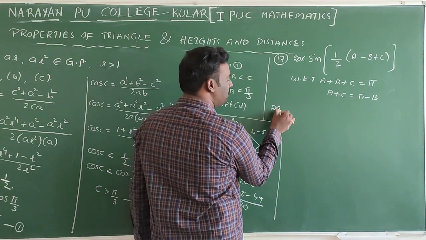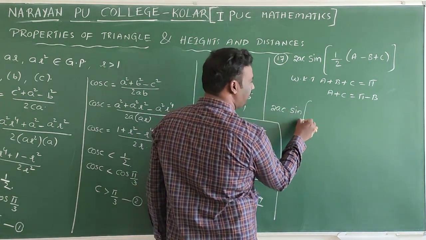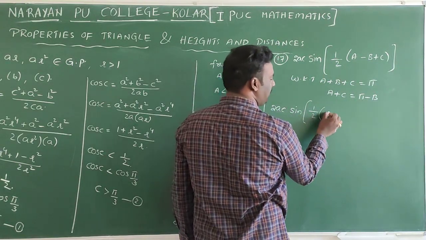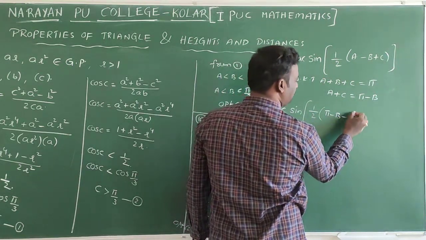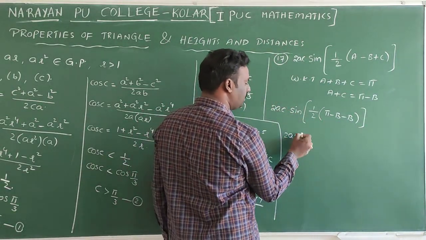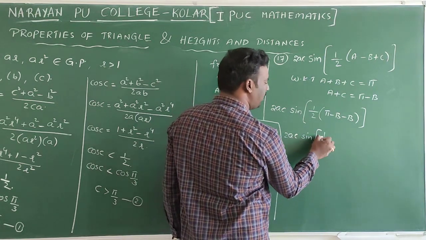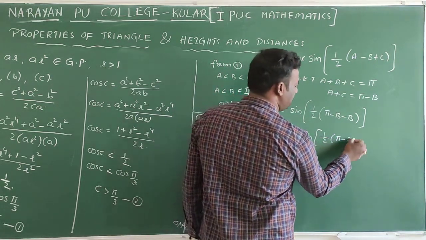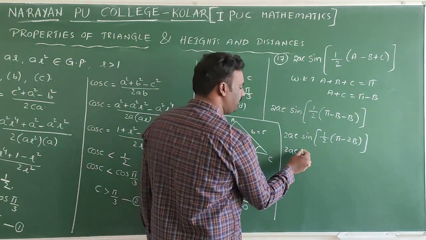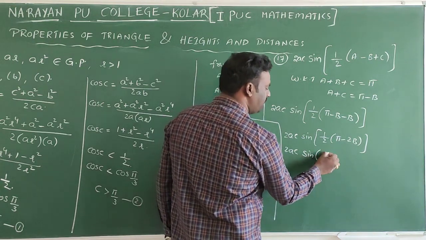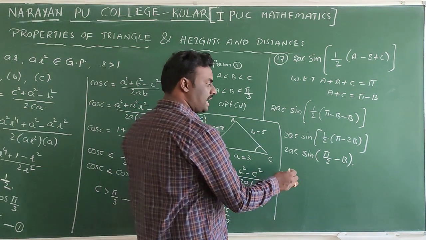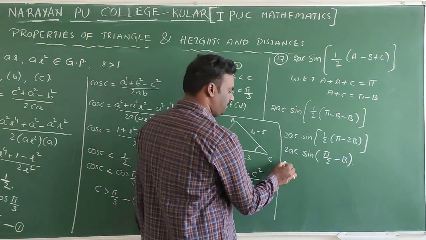Now 2AC sine of 1 by 2, in place of A plus C I can write pi minus B, minus B. Now 2AC sine of 1 by 2 into pi minus 2B, which is 2AC sine of pi by 2 minus B. Now sin of 90 minus theta is nothing but cos theta.